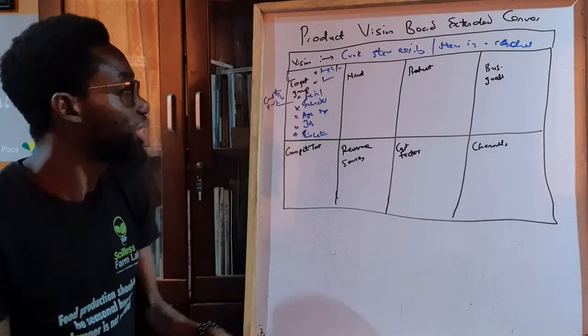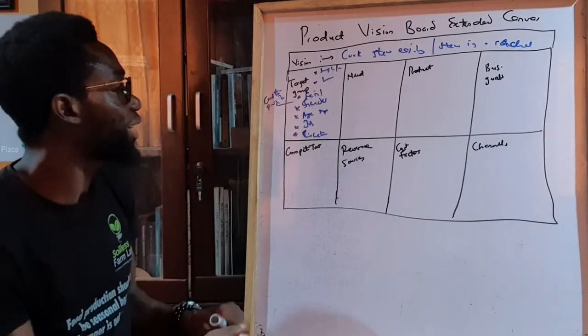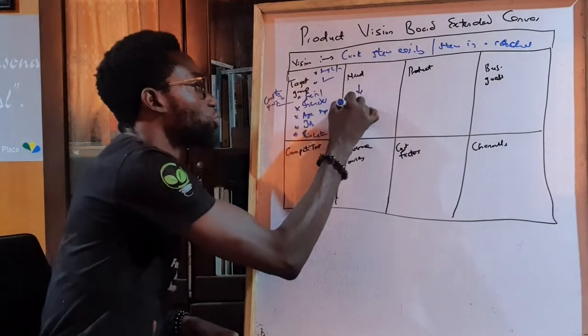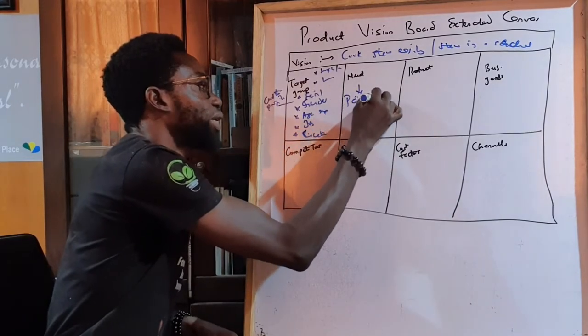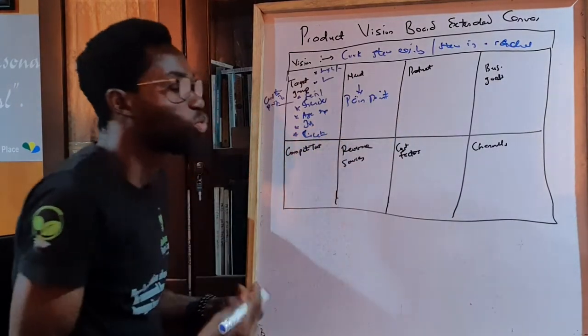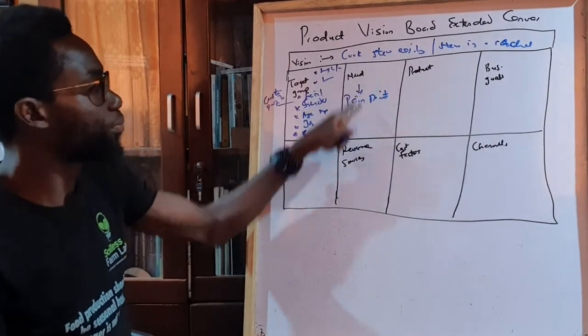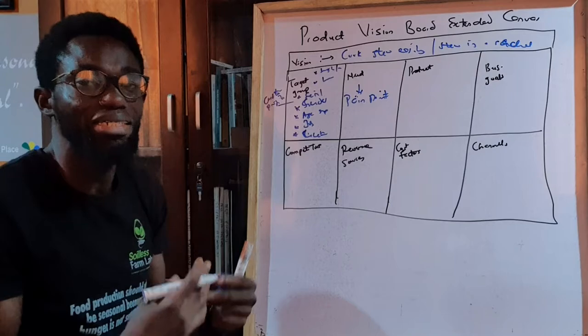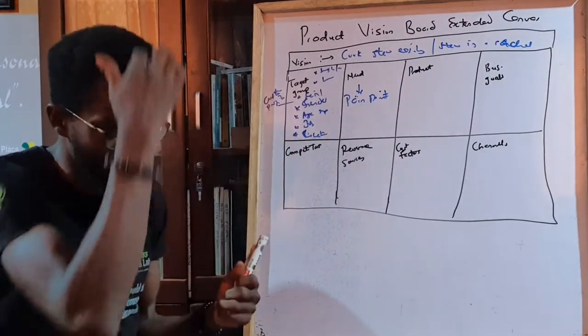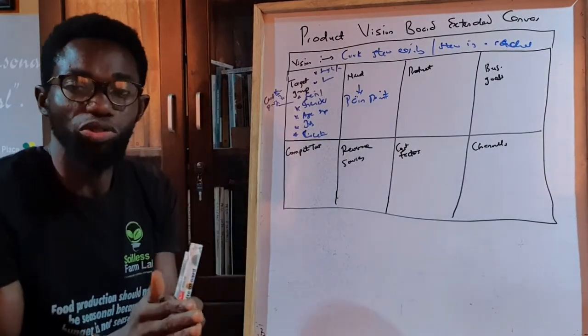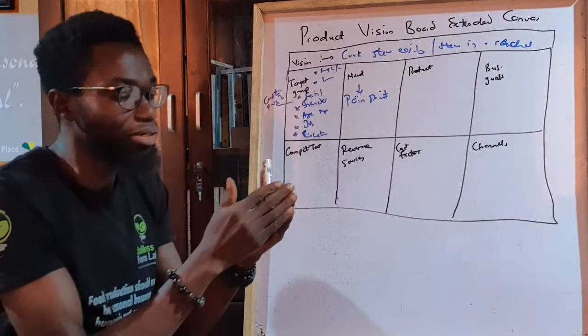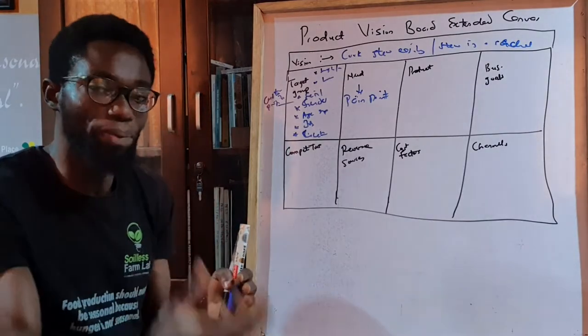I need to know. Now, in trying to pick out my target group, next is to know what their pain points are. What do they need to get done? So the second box talks about need. What are their pain points? Remember, we said that people do not buy from you, they buy what they need. They buy what they need to solve a pain.